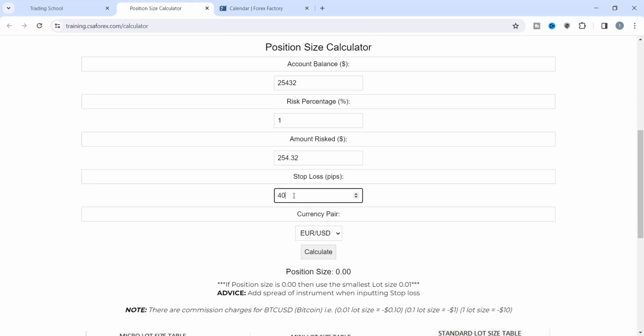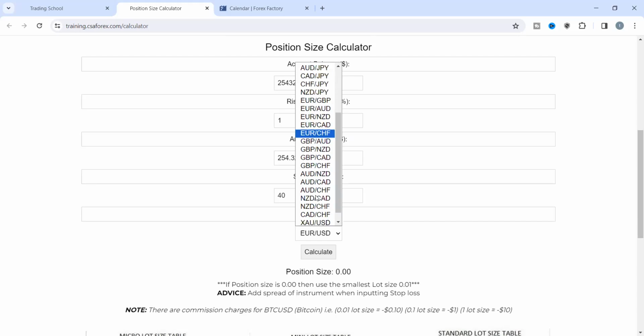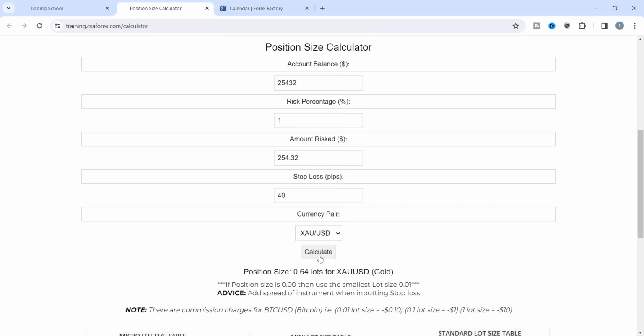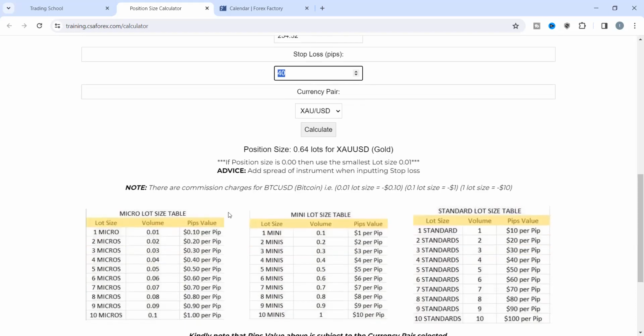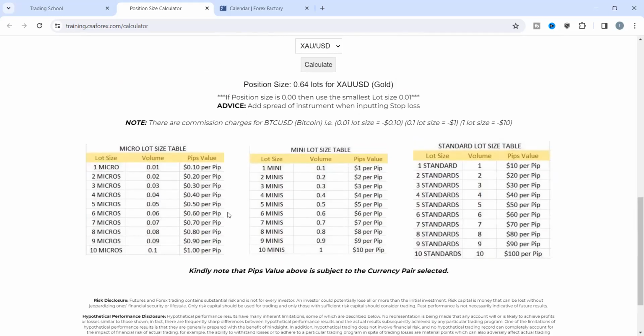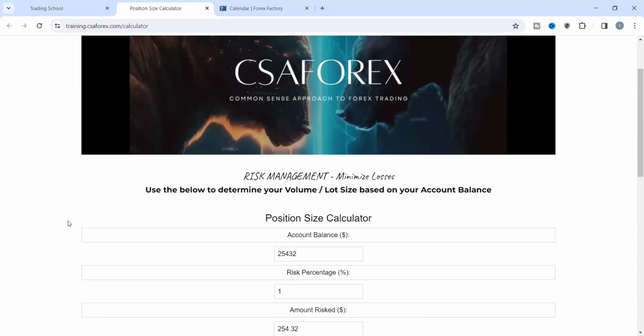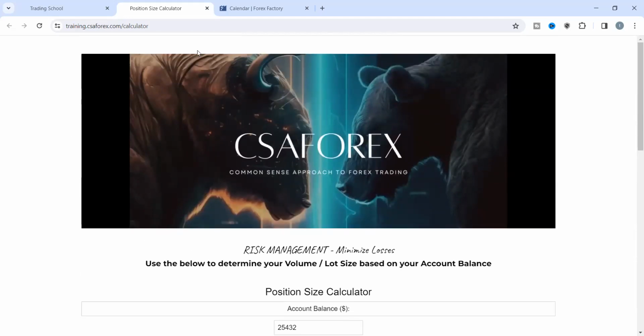Let's say your stop loss is 40 pips, and maybe your trade is gold here. Calculate. It now gives you your position size: 0.64 lots for gold, especially when you're using 40 pips. Don't forget, you must use your stop loss. So here's our own little corner to help everybody out, and just make use of it, and hopefully it helps you to become a better trader.